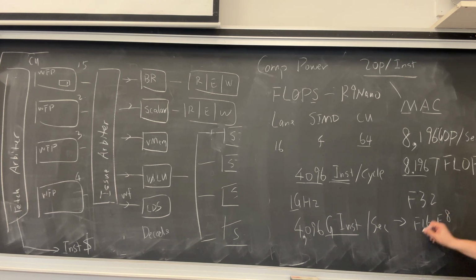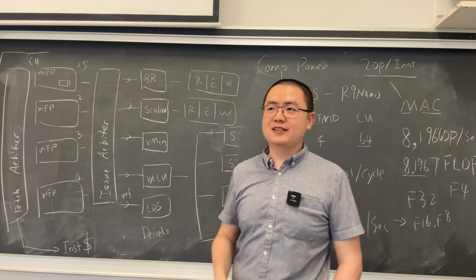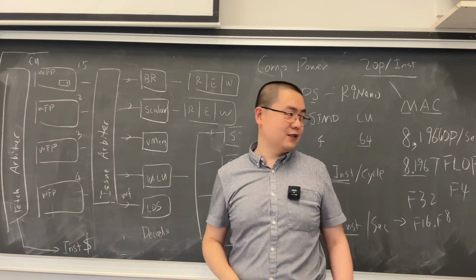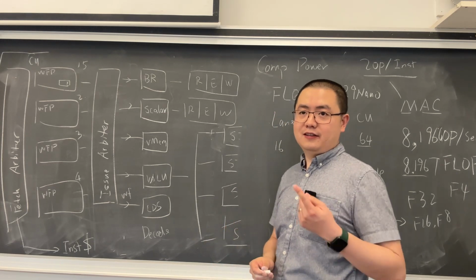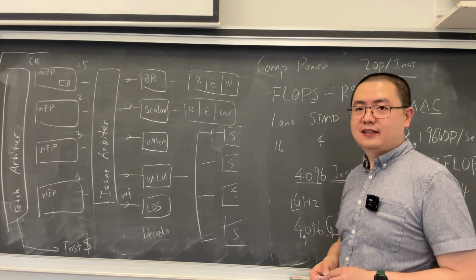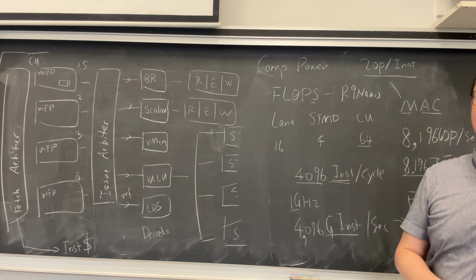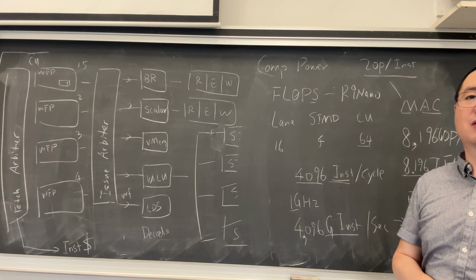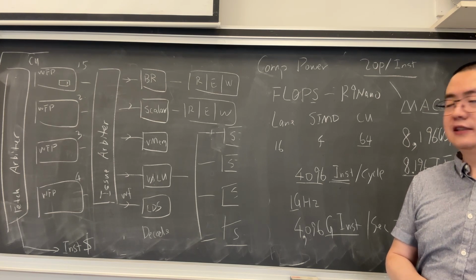Today, it's probably F4. 4-bit floating point operation performance is probably the most important metric. Why? Because machine learning, these LLM models today, especially DeepSeek, use F4. So that describes how fast a program can run. It's your computing power.